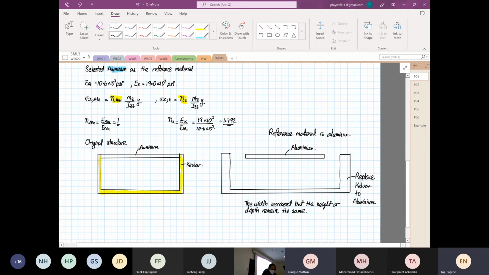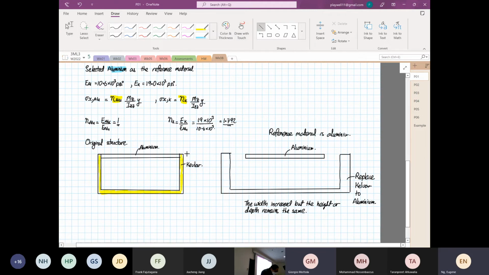So when you see how I sketch this diagram, you only see that the height remains the same, right? So I'm going to show you the height.